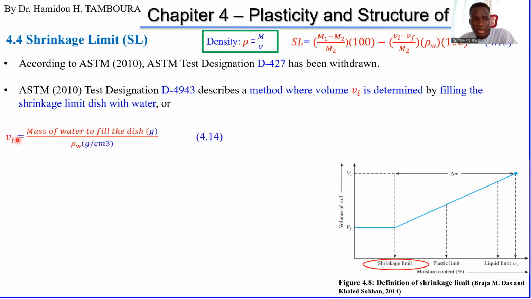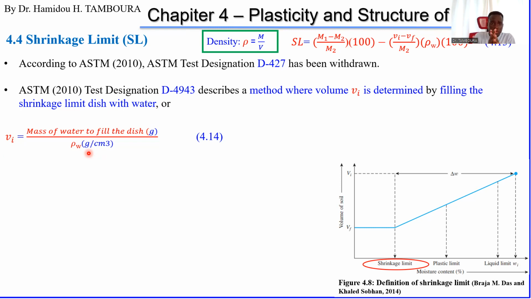So in that case, the initial volume is just the mass of the water you need to fill the dish, divided by the density of water.